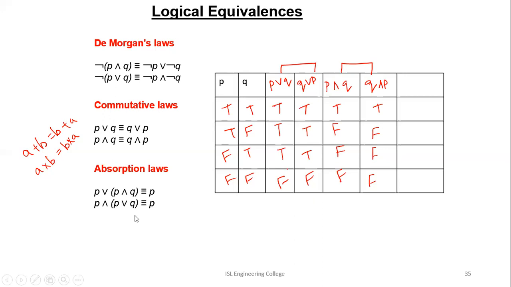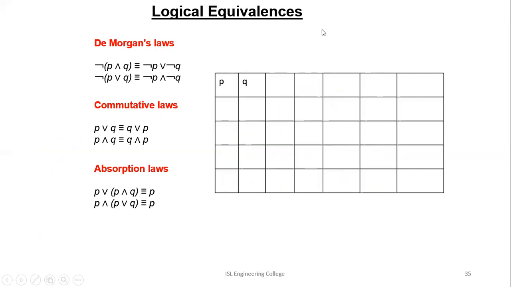Next is absorption law. For absorption law, you have to remember that we have P, Q, then you are supposed to find P and Q, and then P or P and Q. So true, false, false, false, and over here we have P or P and Q. So we have to perform OR on these two.